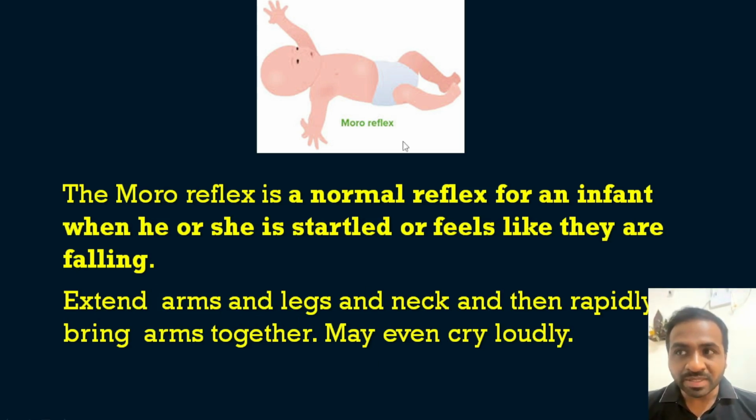You can see the arms and legs are extended here, and then the infant rapidly brings the arms together. Immediately the arms come together to the body, and the child may cry. The baby extends the arms and legs in the initial phase, then brings them close to the body, and the baby may cry.